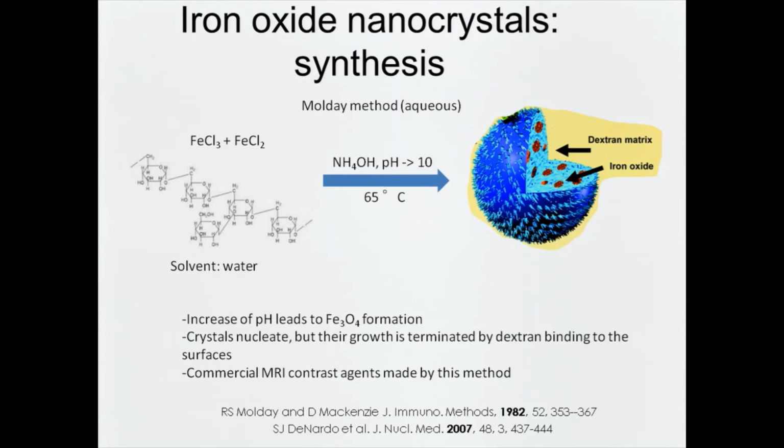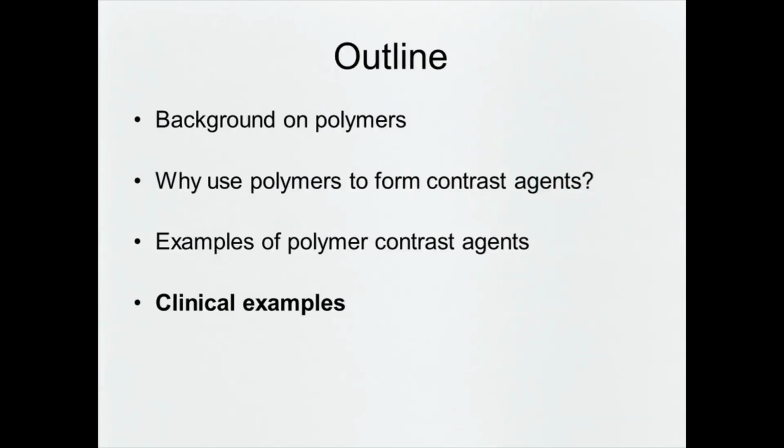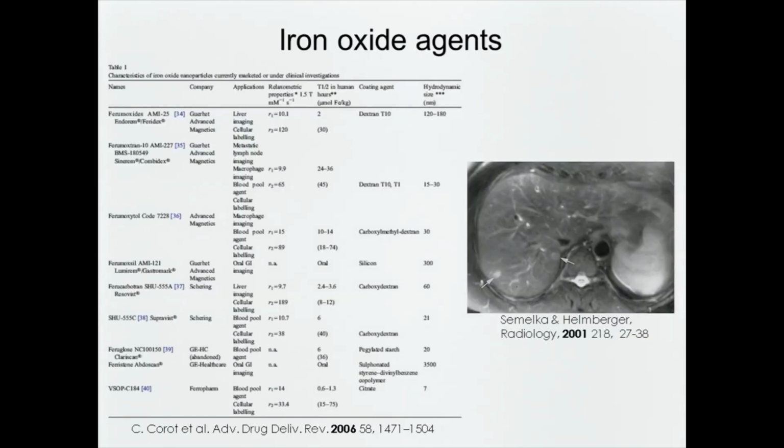which nicely takes me on to the clinical examples of contrast agents formed from polymers. And one of the main examples I'll talk about is iron oxide-based agents. There have been a lot of different formulations that have been worked on, from this review from Corot back in 2006.